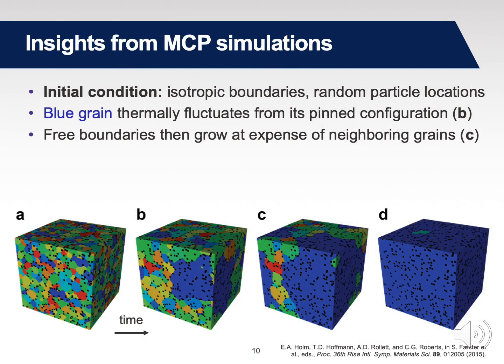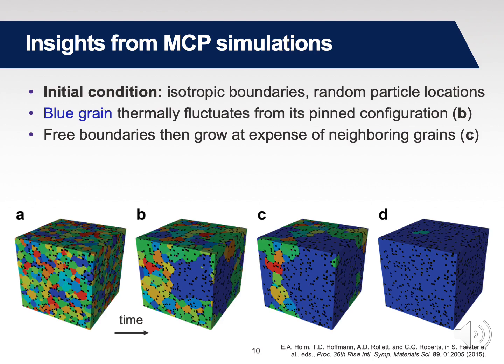To this end, we were recently inspired by simulations by Liz Holm and her team from Carnegie Mellon University. These are Monte Carlo Potts simulations. And Liz considered a system with isotropic boundaries, a nearly uniform texture, and random particle locations in a material.